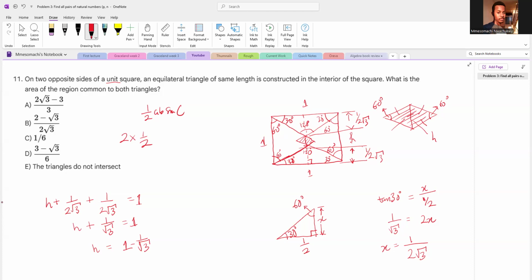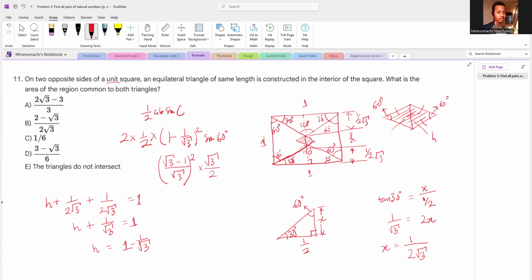So we have 1 minus 1 over root 3, squared, times sine 60 degrees. This simplifies to root 3 minus 1 over root 3, squared, and sine 60 degrees is root 3 over 2.